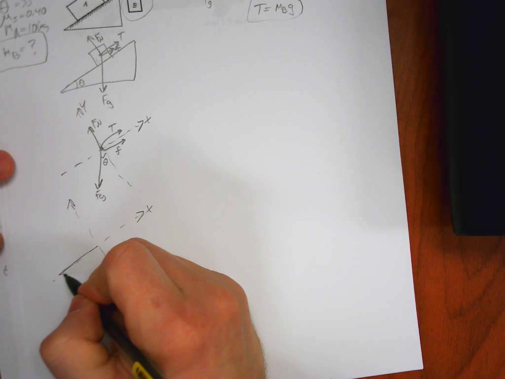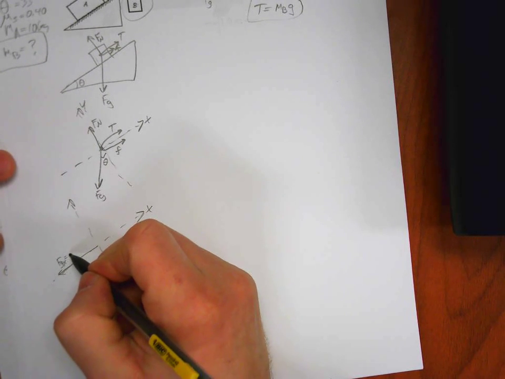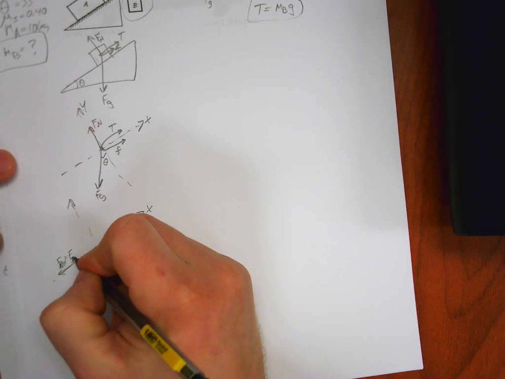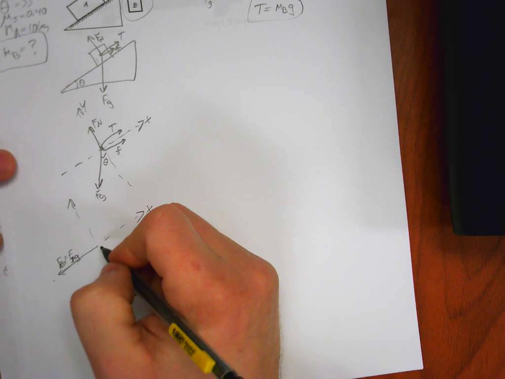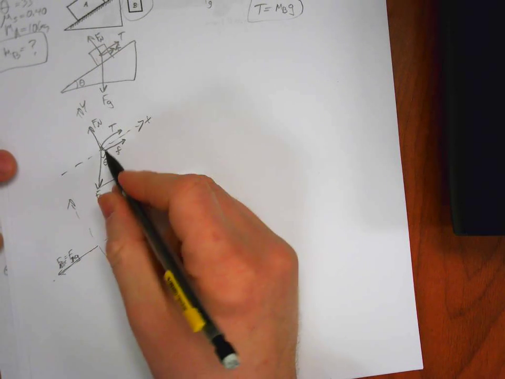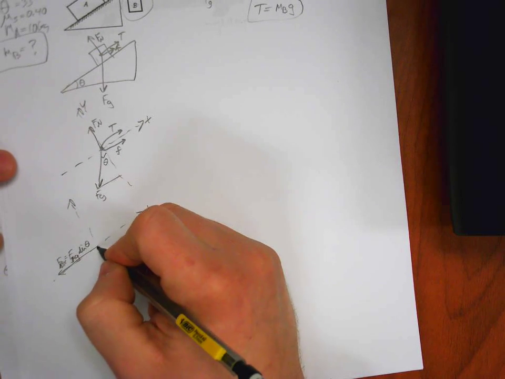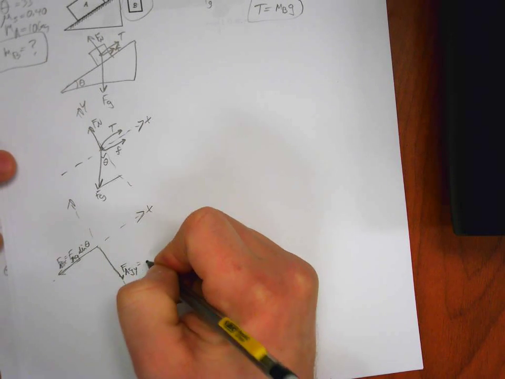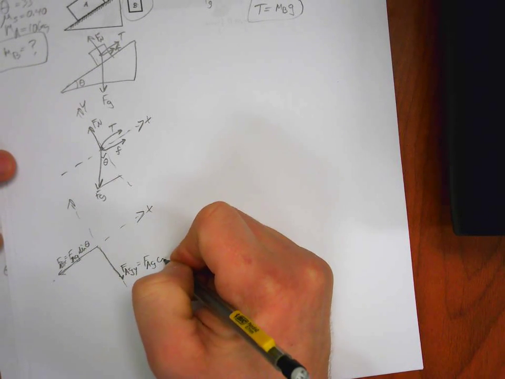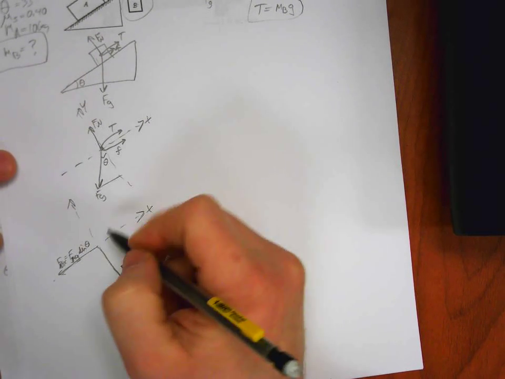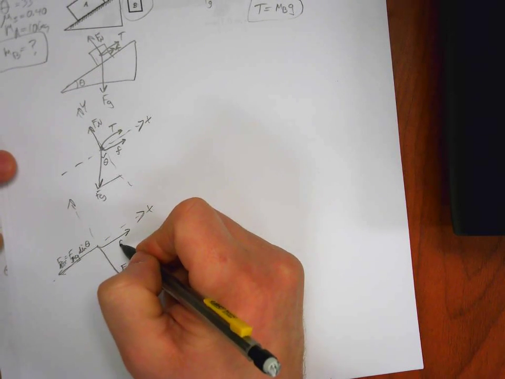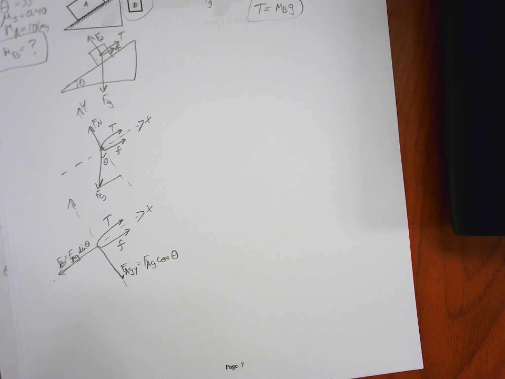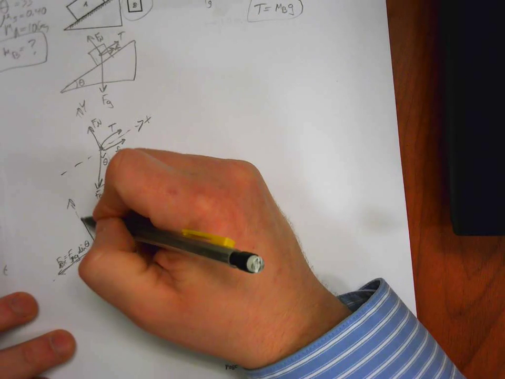So in this case, I have F_Gx, which is equal to F_G, I should probably put F sub A, G. We're looking for the component here, so that's going to be sine of theta. And then down here, F_AGy is equal to F_AG cosine of theta. And we still have friction and tension. Oh, and we have the normal force as well.